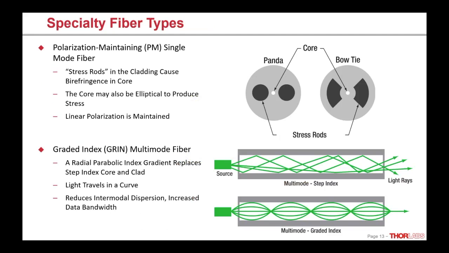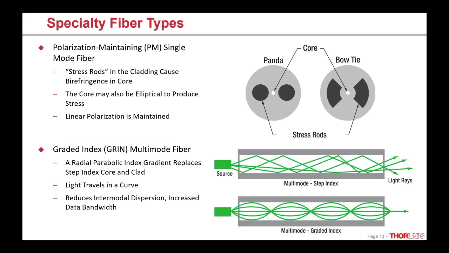So beyond single mode and multi-mode, here's a summary of some interesting other fiber types. One common fiber type is what we call PM single mode, or polarization maintaining single mode fiber. What we do here is the fiber design is made such that there is stress-induced birefringence in the core.